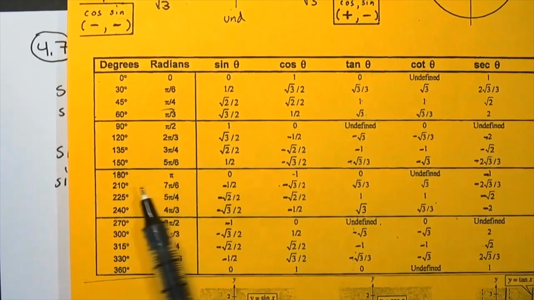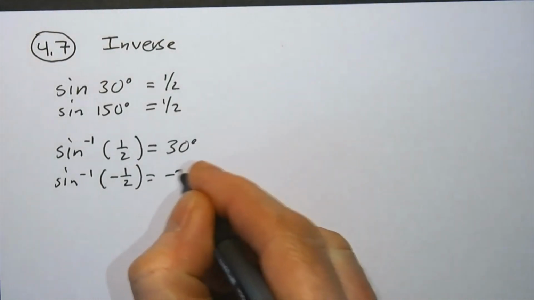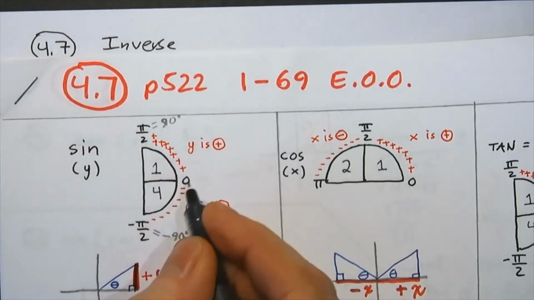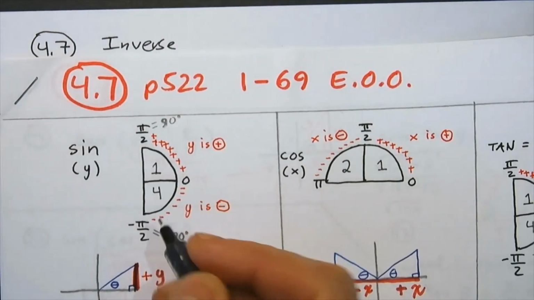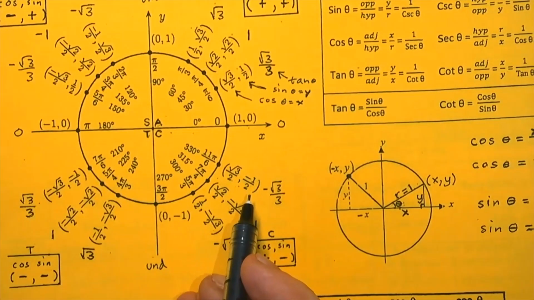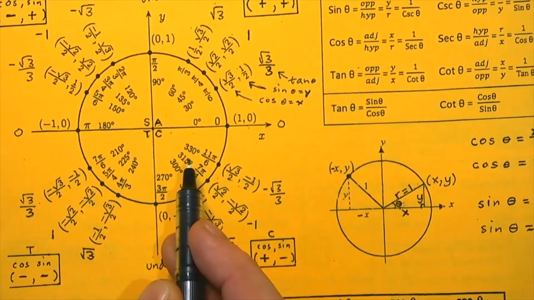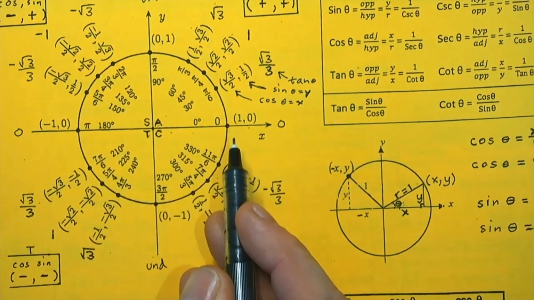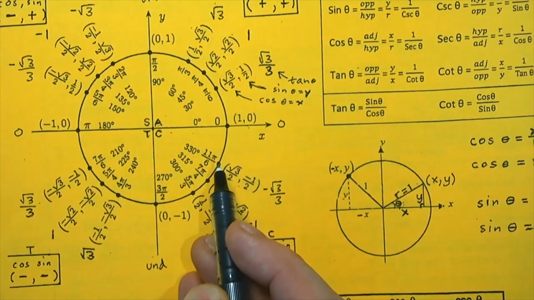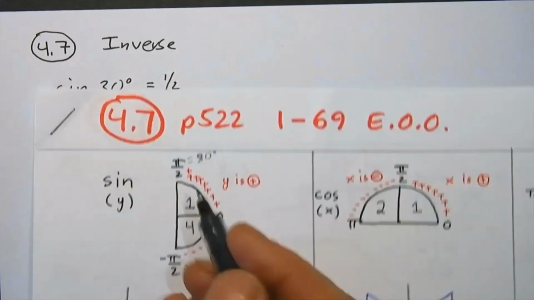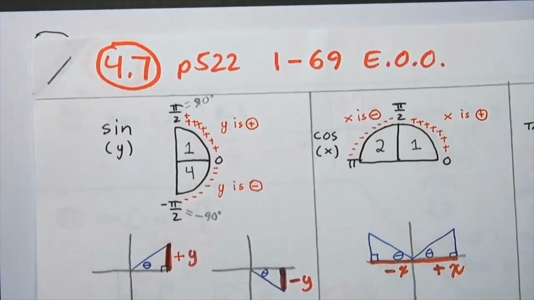Or it could have said 210. Well, once again, it's going to say -30 because it wants to be as close to 0 as possible. It could say 330, but it doesn't want to go all the way around to 330. How about I just go backward 30 degrees? Down 30, -30. And that's basically what this section is. It's just telling you the calculator is going to grab the fastest answer it can close to 0.